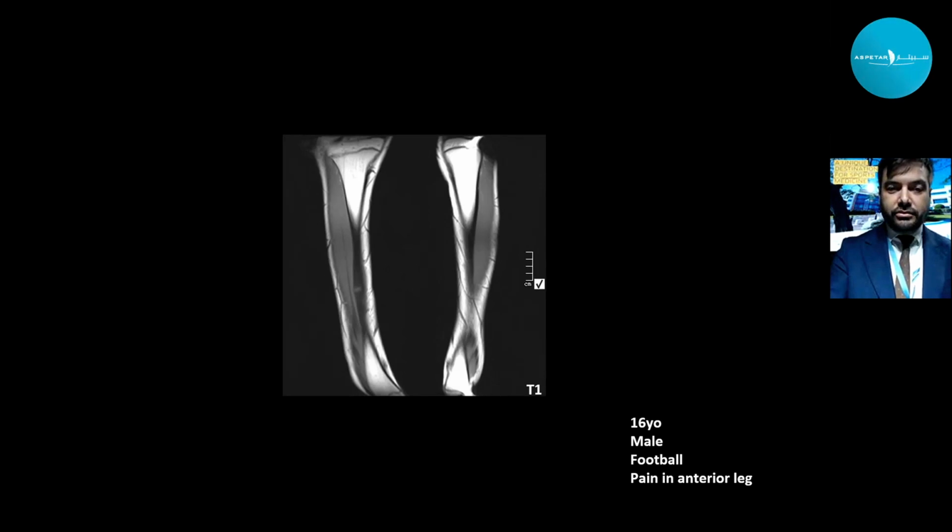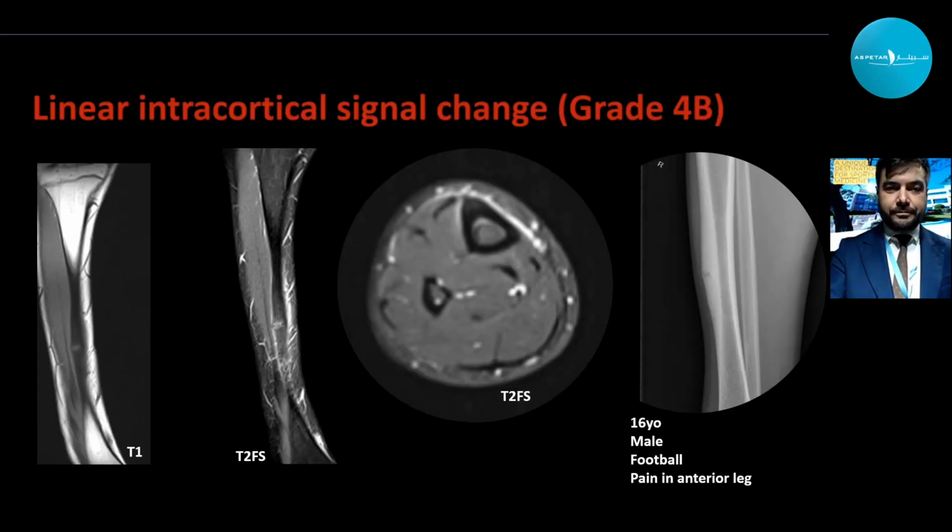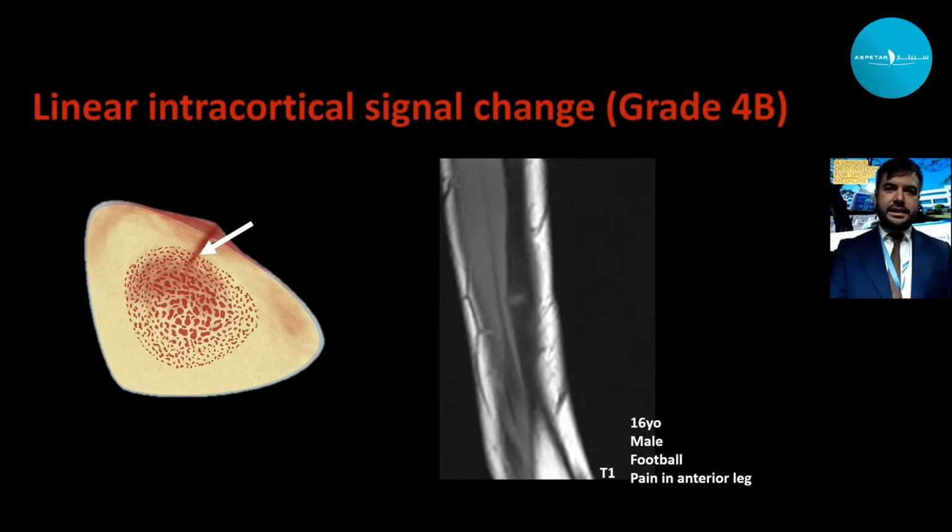In T1, we can also see one fracture line. There is a linear intracortical signal change, grade 4B. As we can see here in the X-ray that I didn't show you before, there is a fracture line in the anterior tibial cortex. So this is, let's say, high risk.